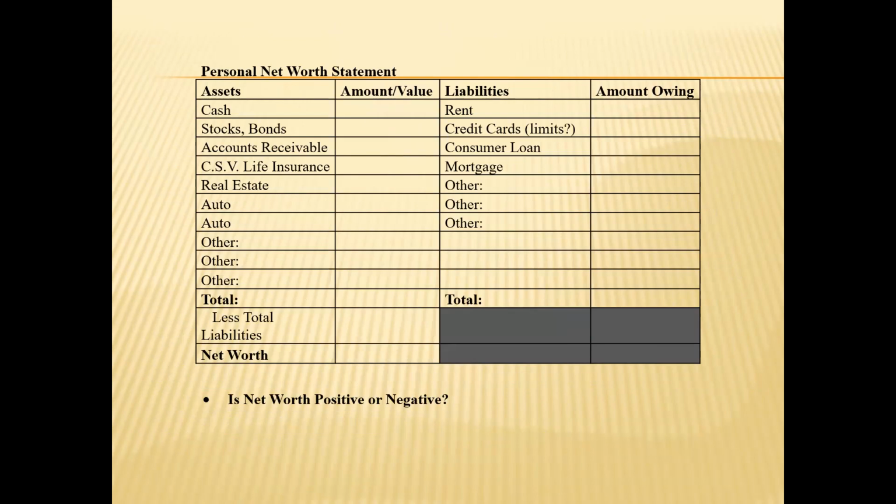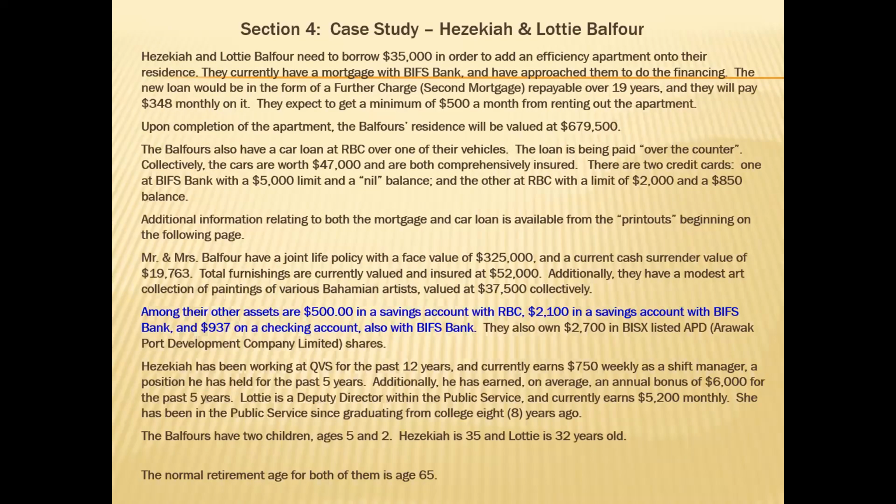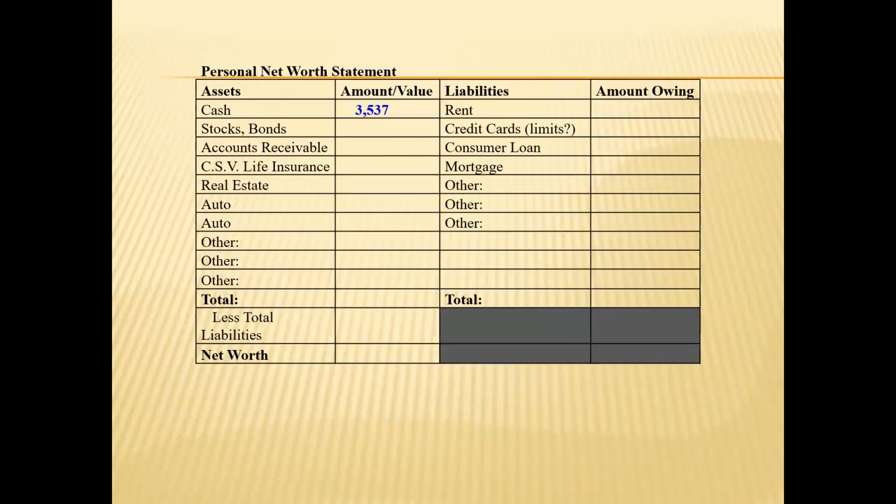Let's start with cash. Is there any cash? Among the assets are $500 in savings with RBC and $2,100 in savings with Biff's Bank, and $937 in a checking account also with Biff's Bank. We add the 3 of those together: 3,537.